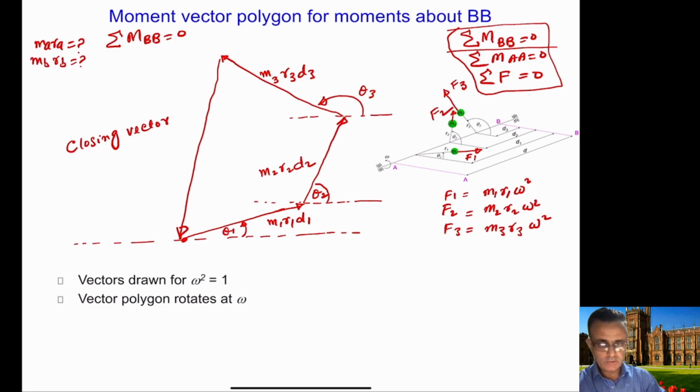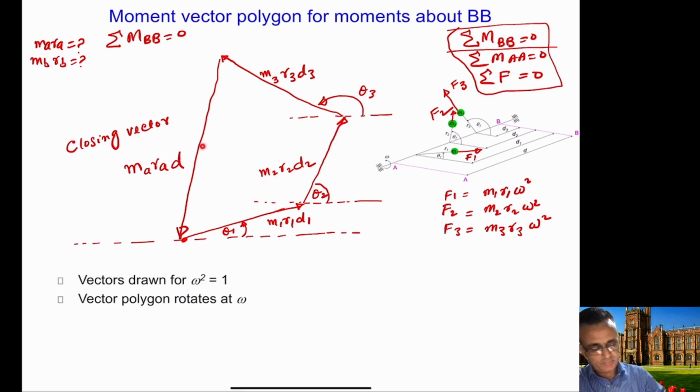This closing vector will be MA RA, and we know that the distance of A from B is D, so MA RA D. This will make sure that the polygon is closed and we have a zero moment here.